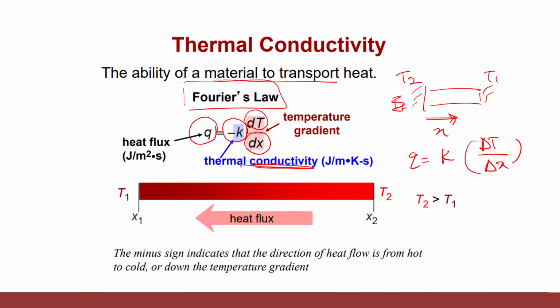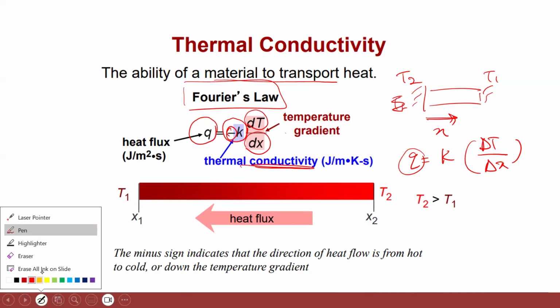This negative sign is there because your small q is always a positive number. Heat is transferring from high temperature to low temperature, so the change in temperature, final minus initial, is always a negative value. To get rid of the negative value, we have a negative sign in front of this equation. So your small q is always a positive value. Are we good? And small q is per meter squared per second.